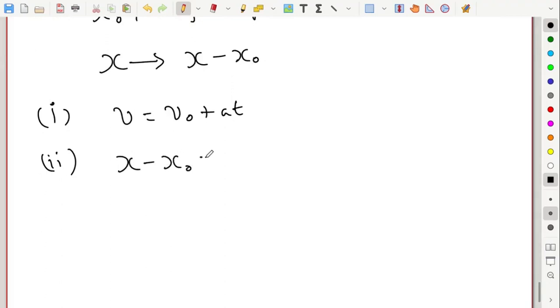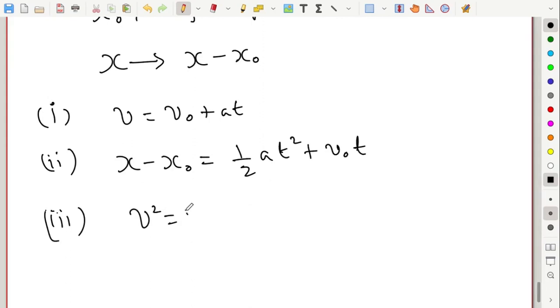Therefore x minus x naught equal to half a t square plus v naught t. Similarly, in the third equation we have v square equal to v naught square plus 2ax, so x becomes x minus x naught.